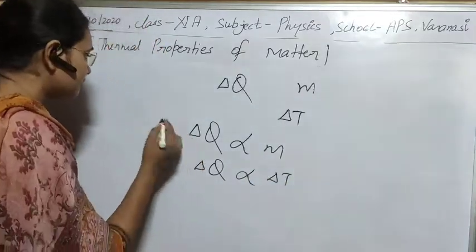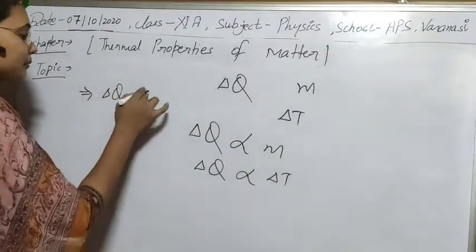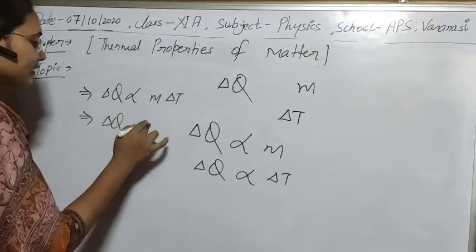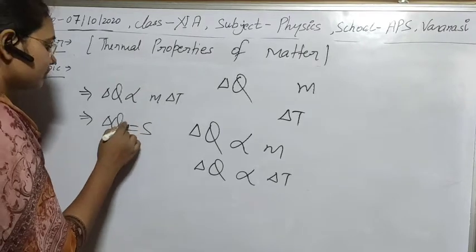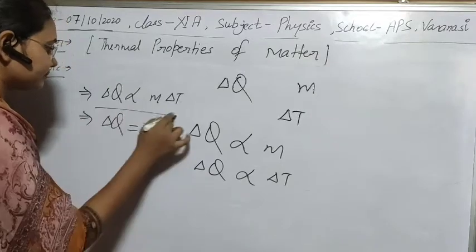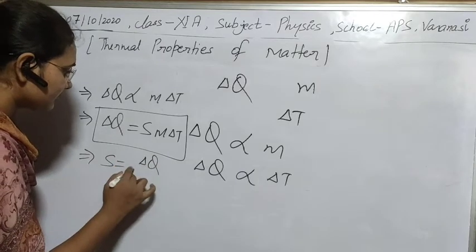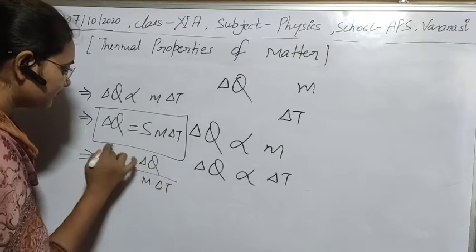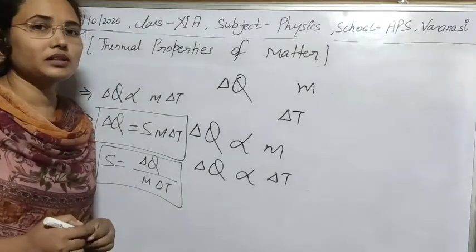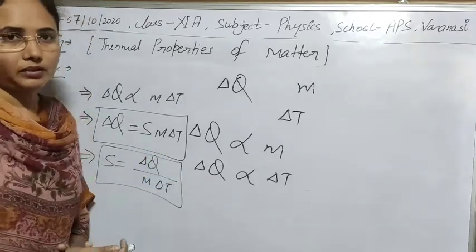So with the help of these two relations, delta Q is directly proportional to m delta T. On removing the proportionality, we will have some constant times m delta T, or simply we can write S equal to delta Q upon m delta T. This proportionality quantity S is known as the heat capacity of the substance.